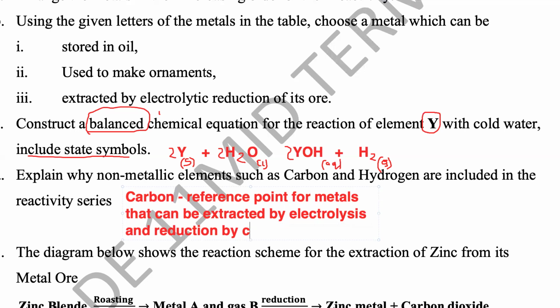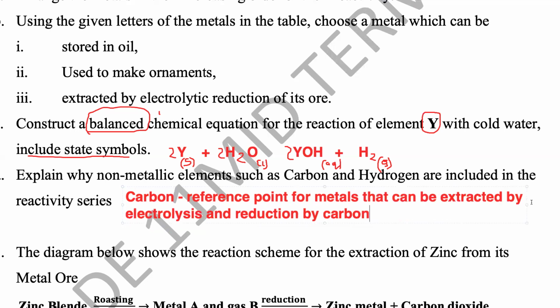So when you look at the reactivity series, where you're gonna find carbon, it means all the elements up can be extracted by electrolysis. And the ones that are below it are the metals that can be extracted by reduction by carbon. So carbon is a reference point.